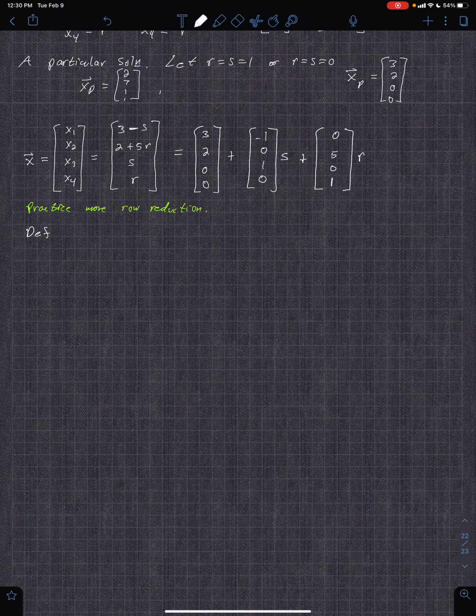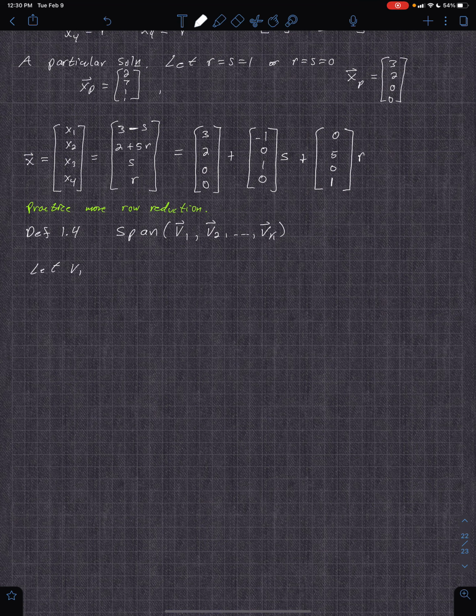Okay, I was going to show you this definition 1.4, a definition of span. So if you take the span of these vectors v1, v2, etc. to v sub k, the span of those vectors is what we're defining. And it's basically all linear combinations. So let v1 to v sub k be in Rn, right?